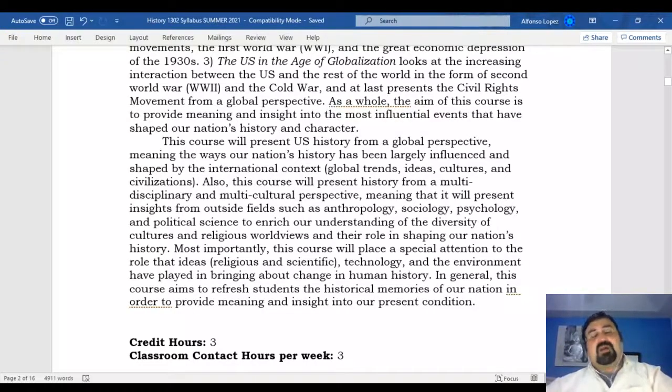And at the very end, the last topic we're going to cover is the civil rights movement of the 1960s. There's also, of course, a relationship between the civil rights movement in the United States and events around the world.